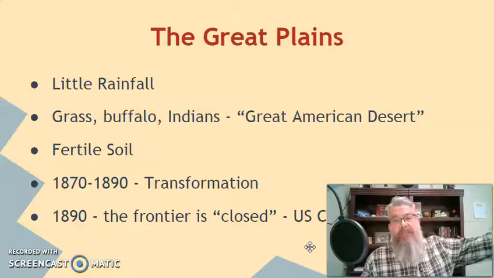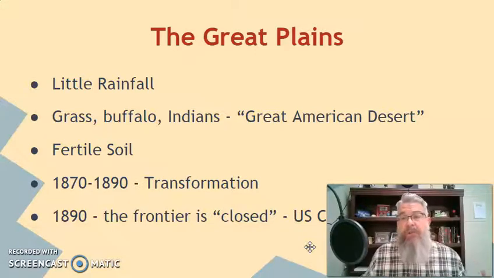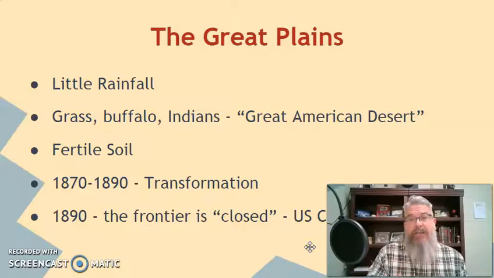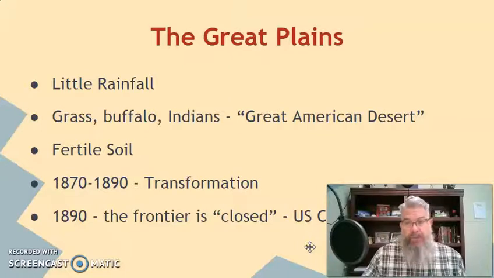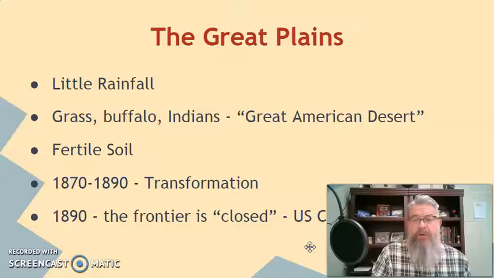Large expanses of grass, and at the time, herds of buffalo. Native Americans are using the Great Plains not only to live but to hunt, and so there are people there. There is life that is encountered once white settlers move there.